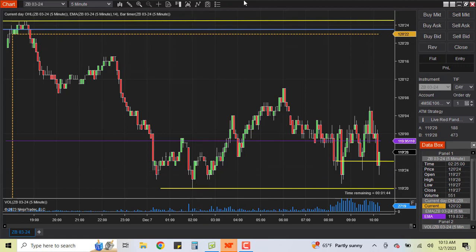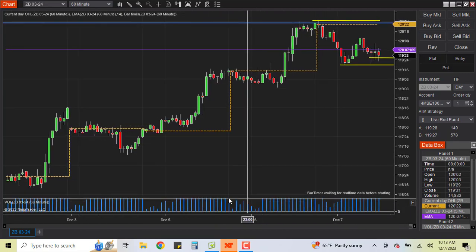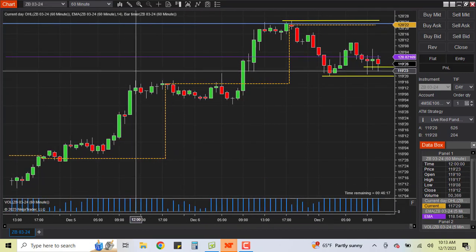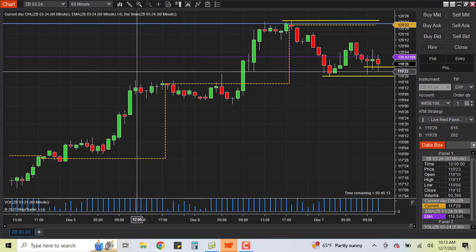So, as we can see, price eventually did come back to my original entry of 119.23 and even my secondary entry of 119.27. If I would have just waited and stayed put where I was, instead of breaking my patience, breaking my discipline, and going for that stupid trade way higher at, what, 120.03, I would have been just fine.